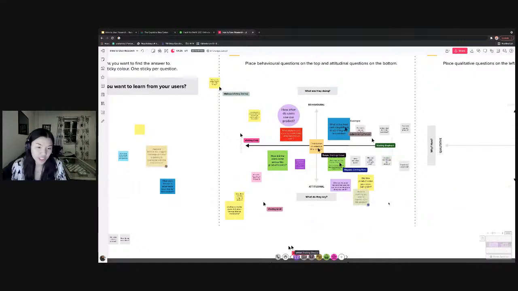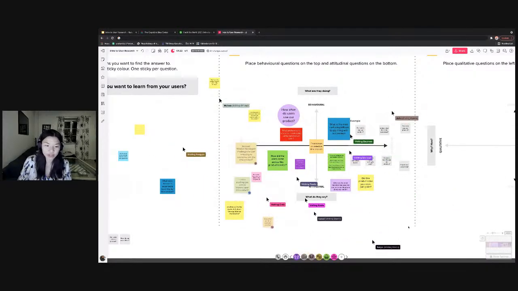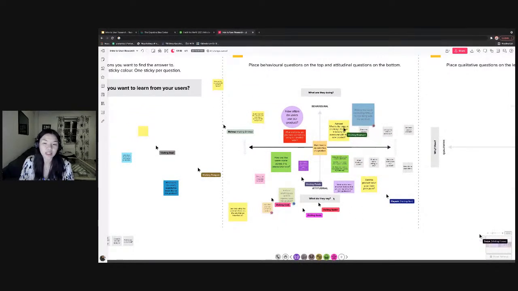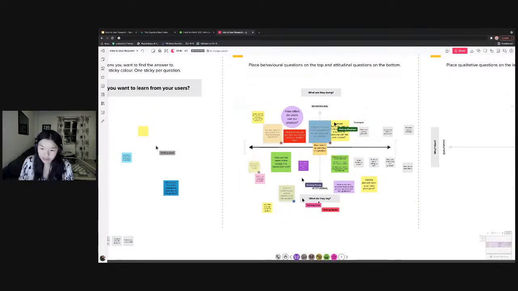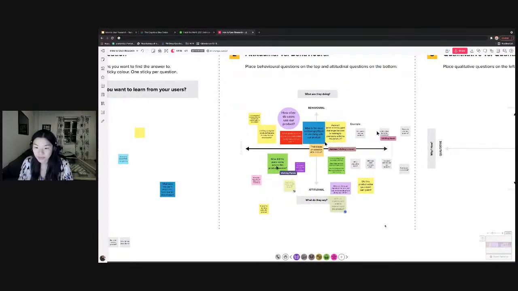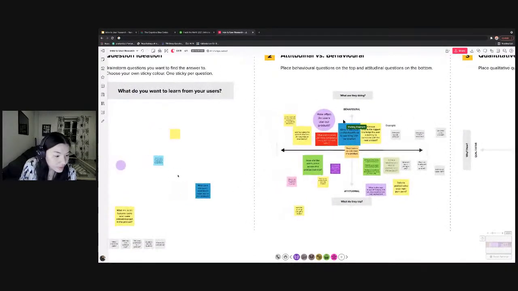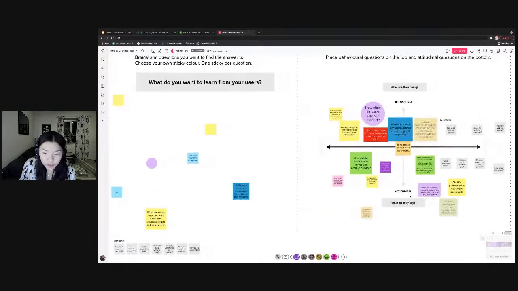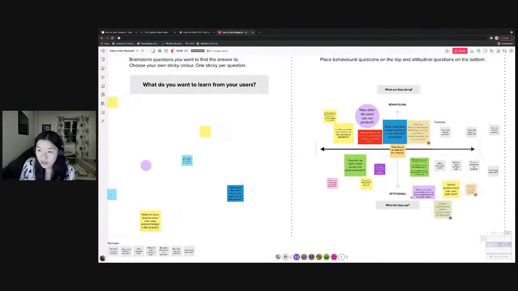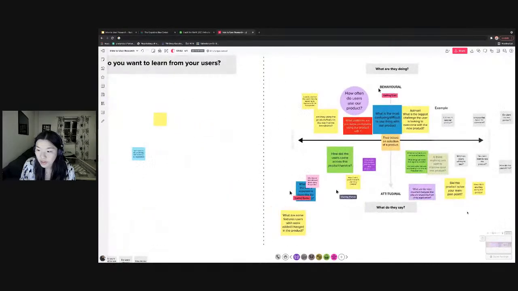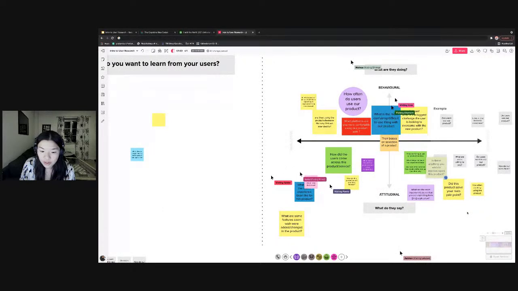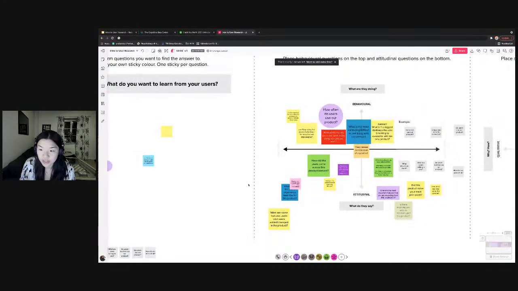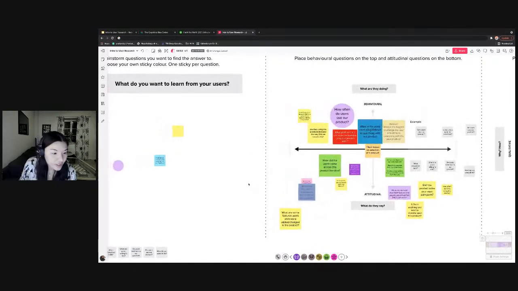If they're more general questions, maybe not about a product, or more about user research in general, we can address them later. All right, we're starting to finish off here, which is good.